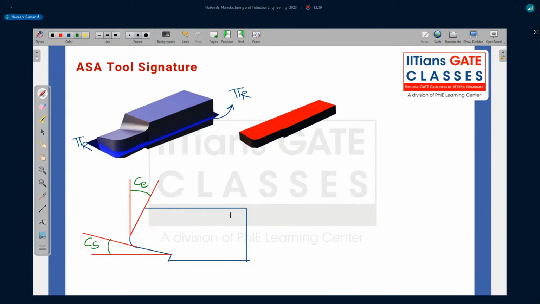And we are on the pi r plane here. This is your pi r plane, right? And we are cutting. Let us assume that this line belongs to the pi r plane. So we are in the pi r plane here, and this also is the pi r plane.